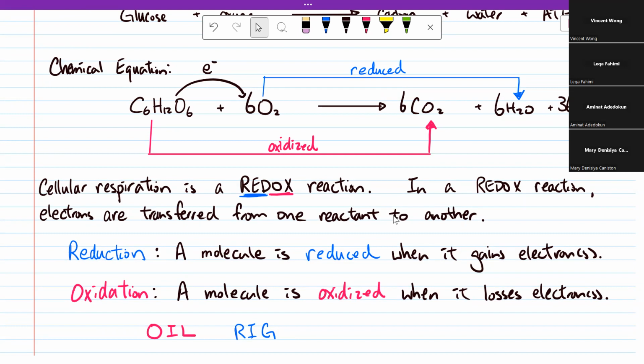So we don't want to burn the glucose in a single step. I could show you, in an in-person environment, how violent the burning of glucose is. You can Google that up yourself on YouTube. You can see people burning glucose and it just goes up in flame. Very, very powerful. But we don't want that.